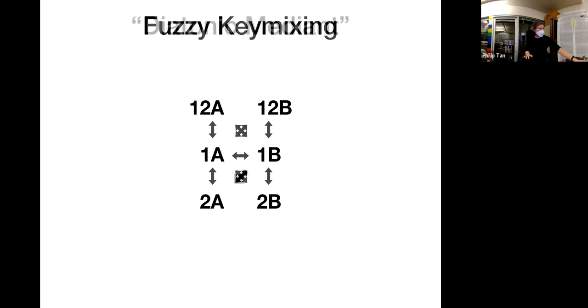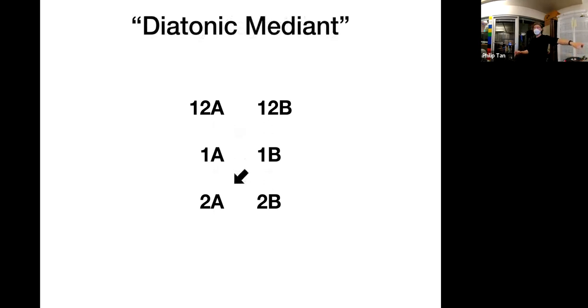However, there is one that actually does work, which is where you go from the major clockwise to the next minor. And there's this thing called the diatonic mediant, and I just Googled that today. So don't ask me what it means, but I can tell you what it sounds like. I think in your other recording, a person said it had to do with the third, some sort of minor third.